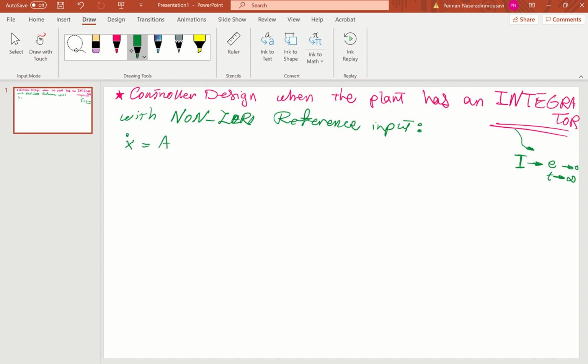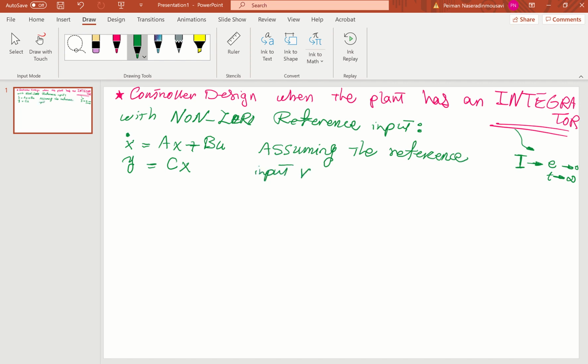x dot is equal to Ax plus Bu. If your system is linear, that's fine. If it's non-linear, you can linearize around the equilibrium point of the system. And assuming for this specific example the reference input, R of t, is what you want to follow.